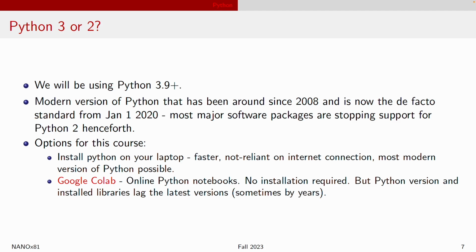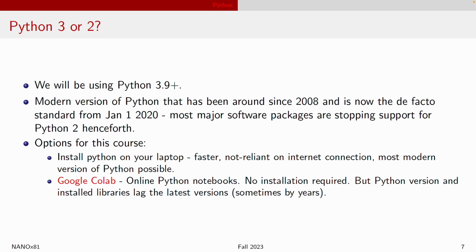In other words, things that were written in Python 2 do not automatically run on Python 3, okay? However, it has been so long that most of the modern libraries have already transitioned to Python 3. So, that's the modern version of Python that we will be using, okay?